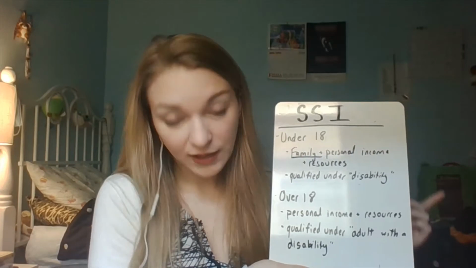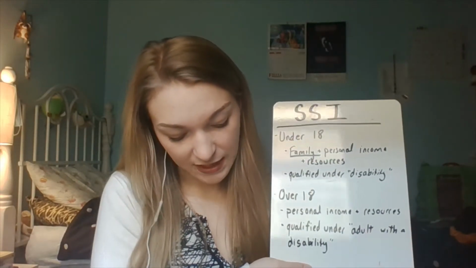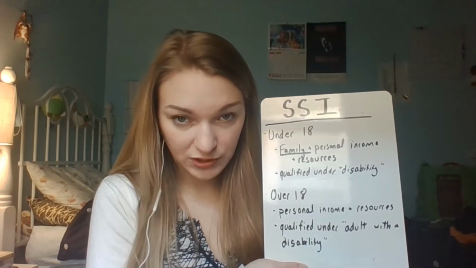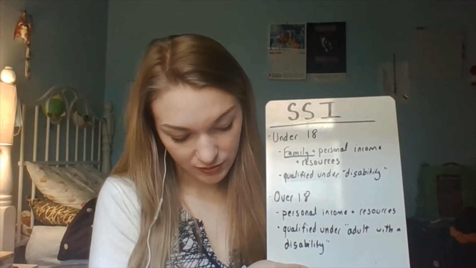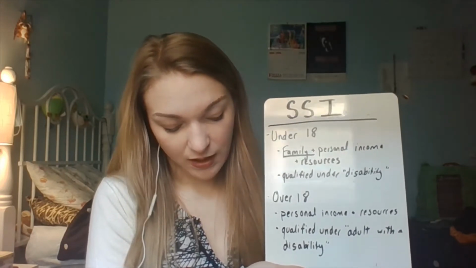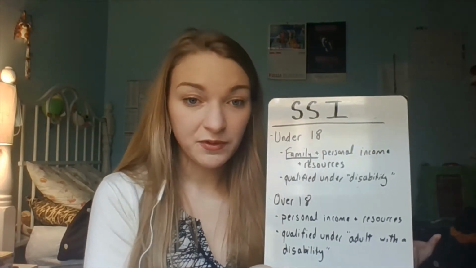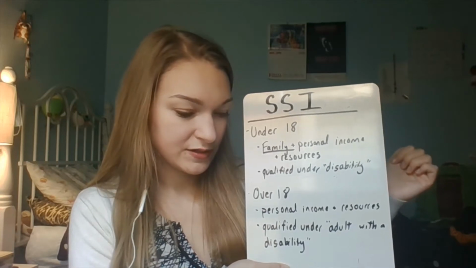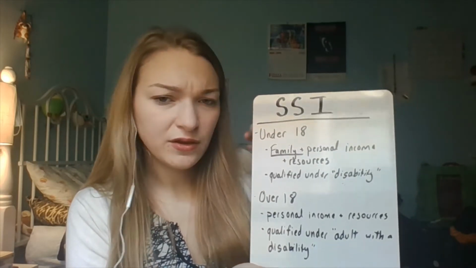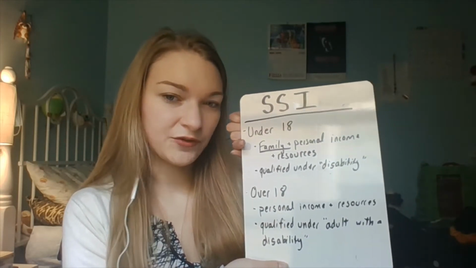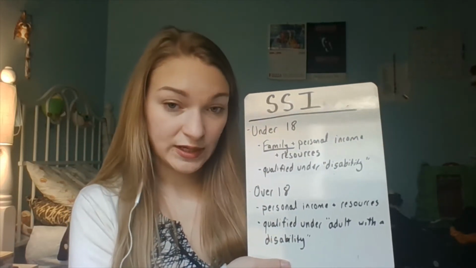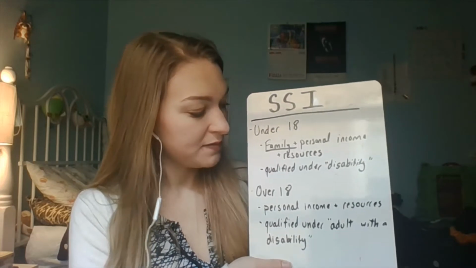So the child for SSI must not be working or earning more than $1,260 a month in 2020. And on top of that, that's family and personal income and resources. The amount for family is different, but I think it varies from state to state, so that's why it's not listed in this federal packet.